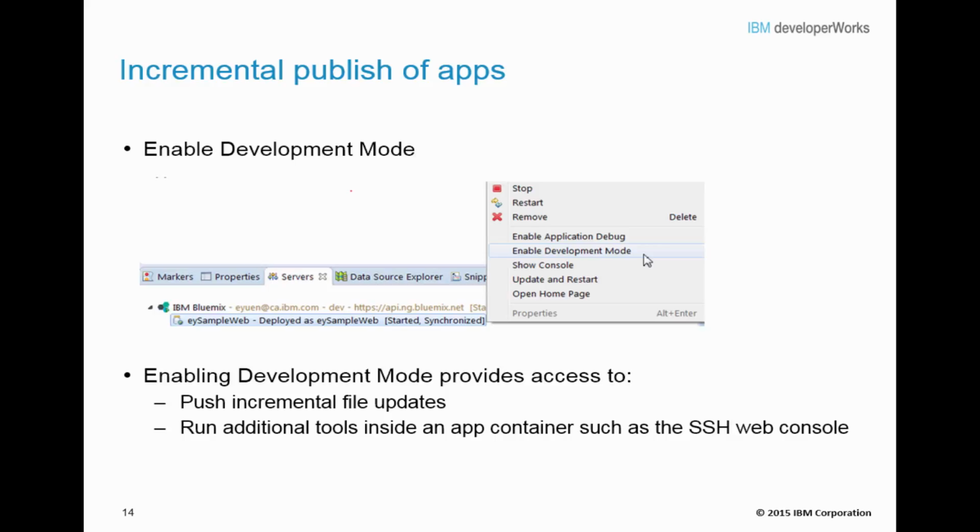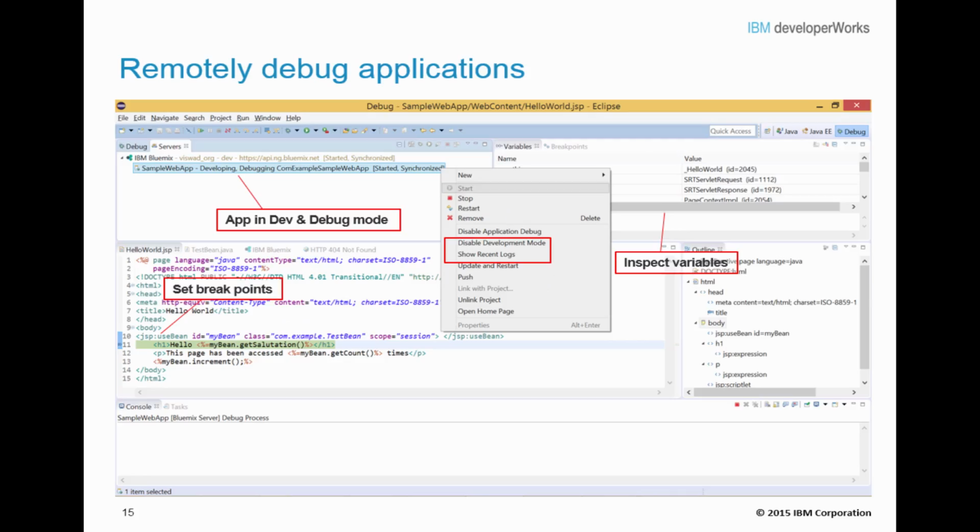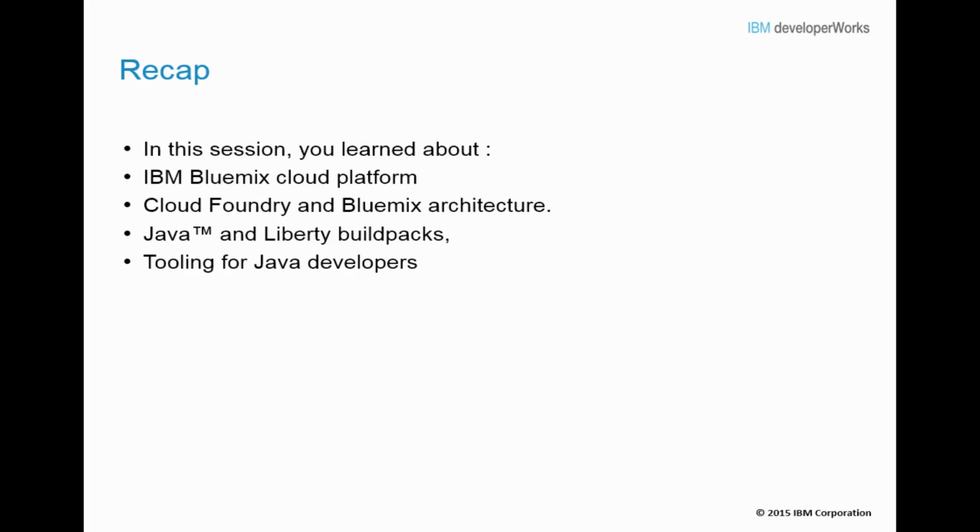After enabling development mode, you can publish only the changed files to the Bluemix server, and changes will take place immediately without redeploying the entire application. After enabling application debug on the application deployed to Bluemix, you can debug the application in Eclipse just like you would debug a local application in the IDE.